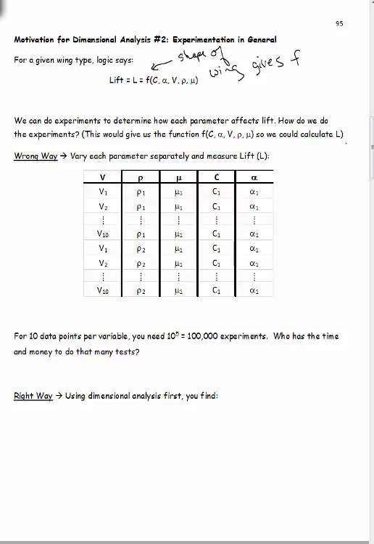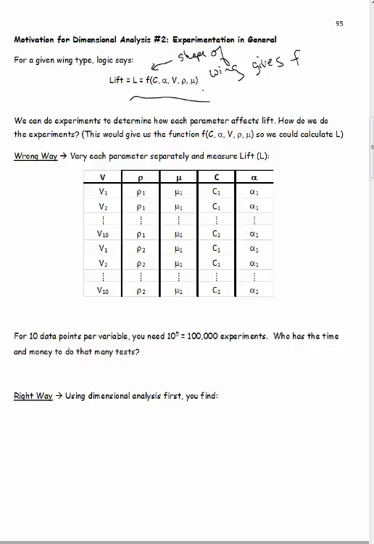Okay. So in order to do an experiment, knowing that lift is a function of all these things, we want to figure out, okay, how do all these different parameters affect lift? We can do some experiments. Okay, and what you could do is just, you know, set all the variables but one, all the independent variables over here on the right hand side but one, vary them one at a time, and then measure lift.